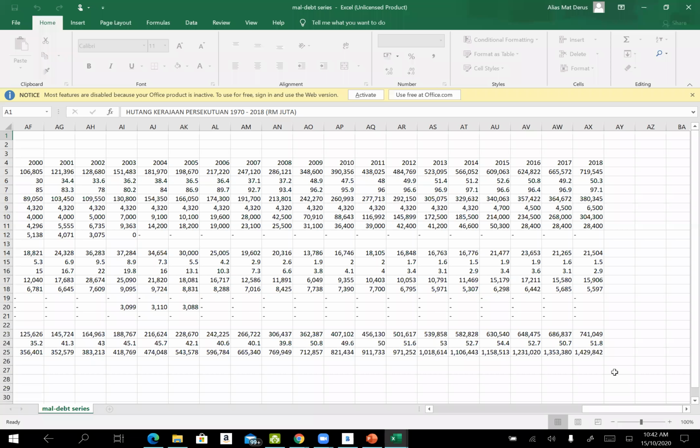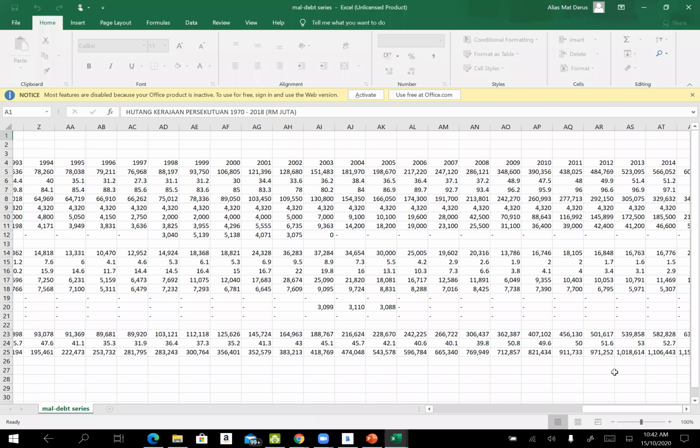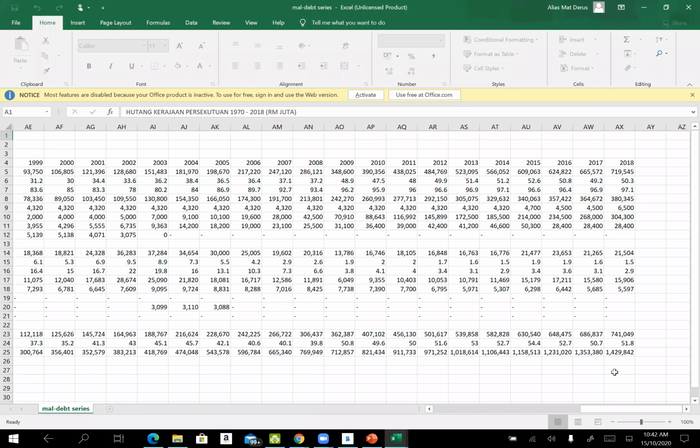But anyhow, if you look at the debt over the last 20 years, we can say about 45 to 50%. So, not that bad.